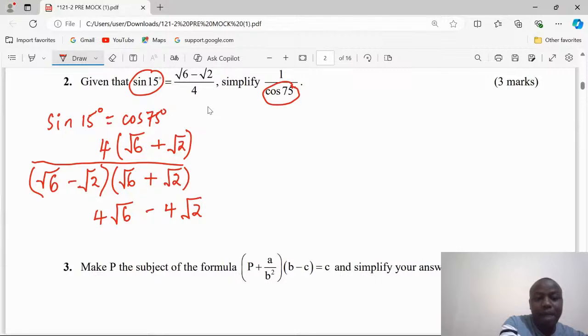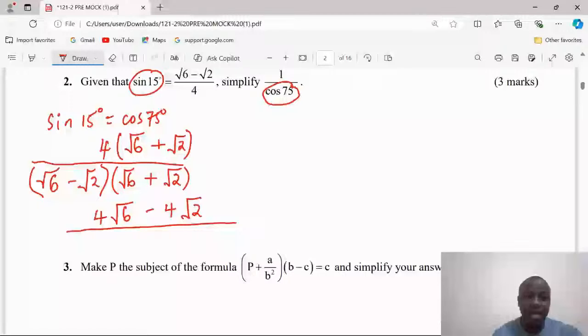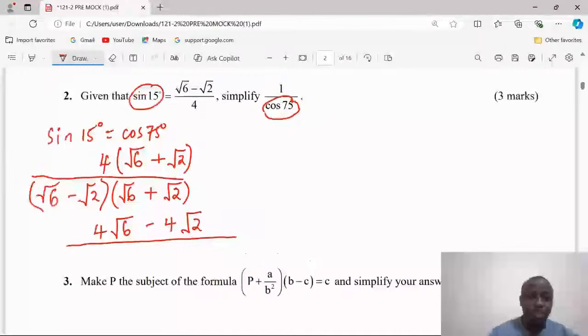Then I divide by the denominator, whereby I've multiplied a surd and its conjugate, which gives us something we call a simplified difference of two squares.